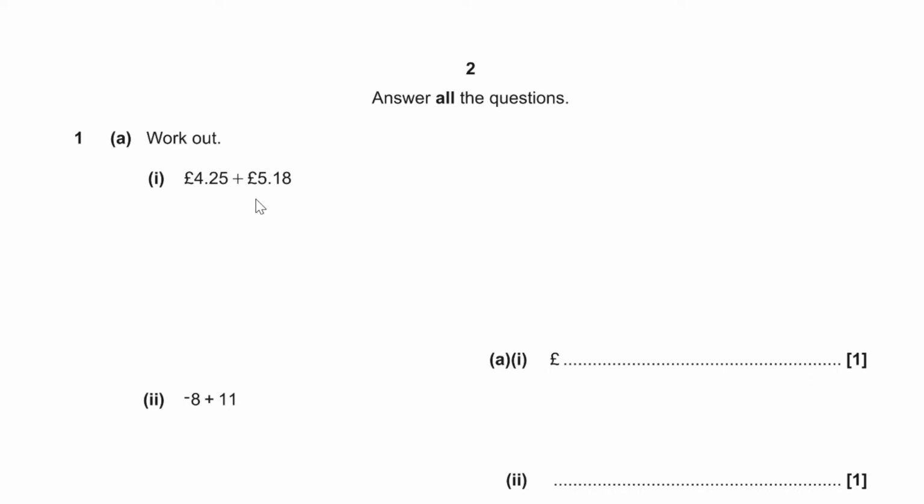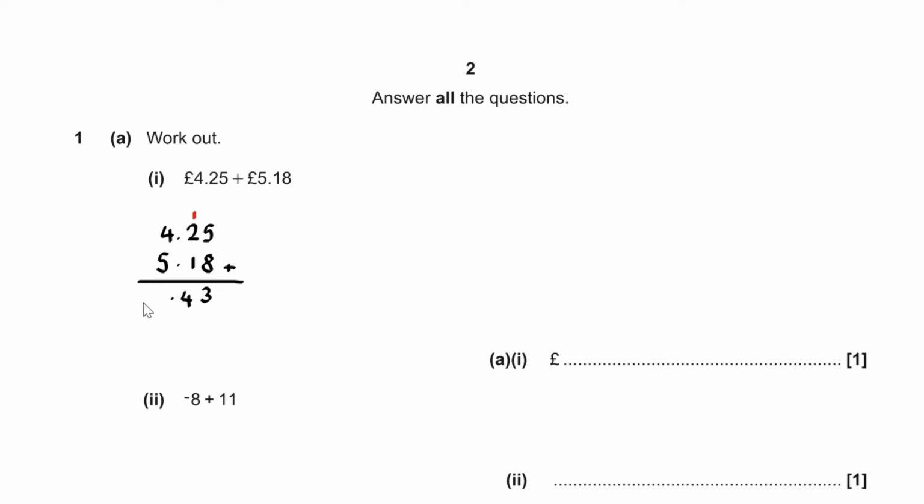Well, what we are doing here is adding two numbers together, and if we align the digits and add vertically, we have 4.25 and 5.18, and what we are doing is adding these together. 5 plus 8, that's 13, so we've got the 3 here, and then we carry the 1, so we've got 1 plus 2 plus 1, that's 4.